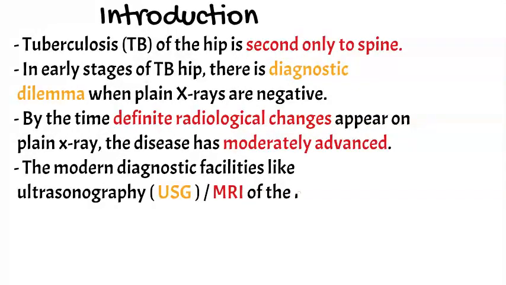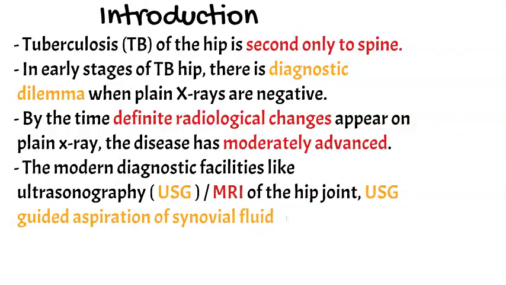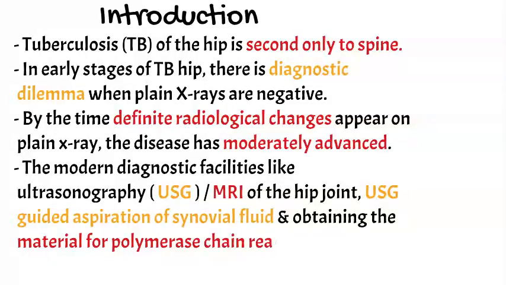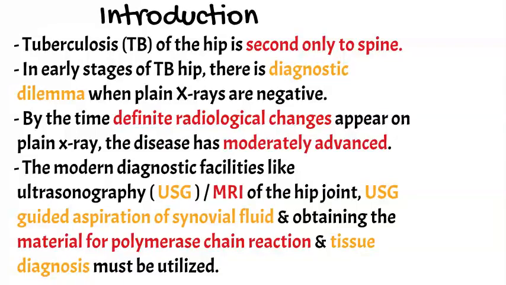The modern diagnostic facilities like ultrasonography, USG, or magnetic resonance imaging, MRI, of the hip, ultrasound-guided aspiration of synovial fluid, and obtaining the material for polymerase chain reaction and tissue diagnosis must be utilized.